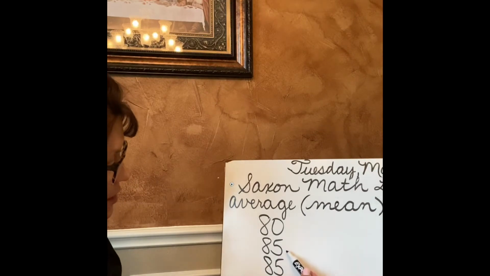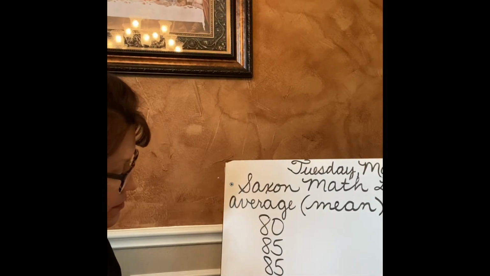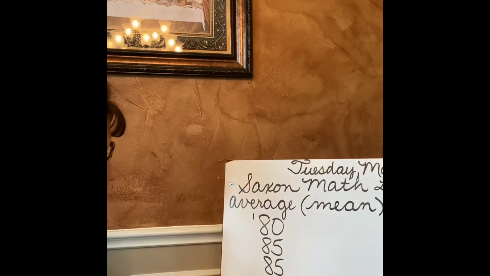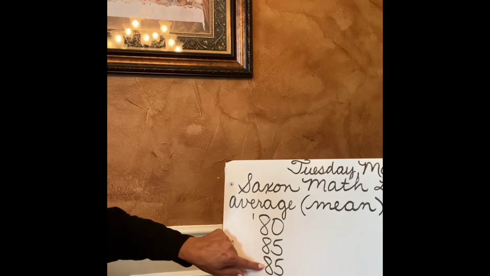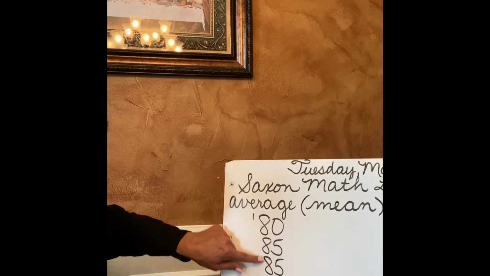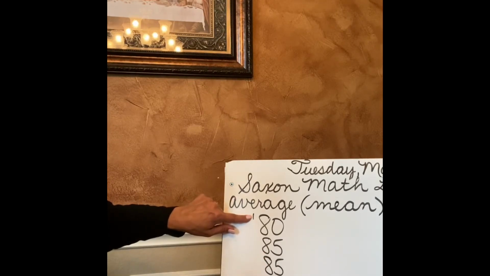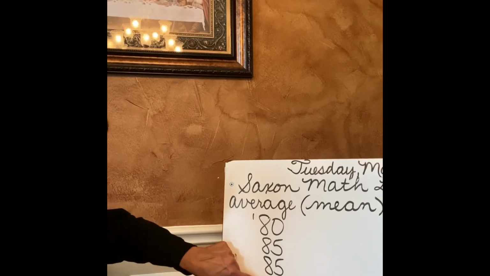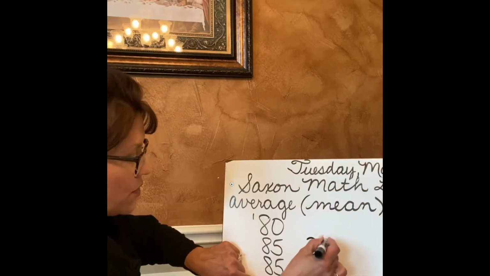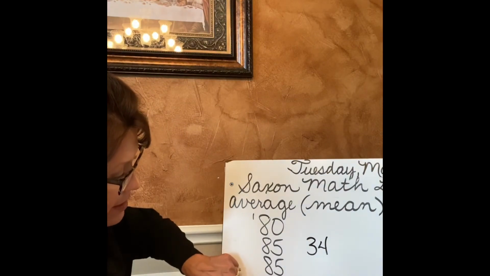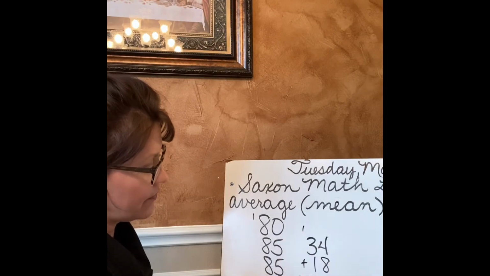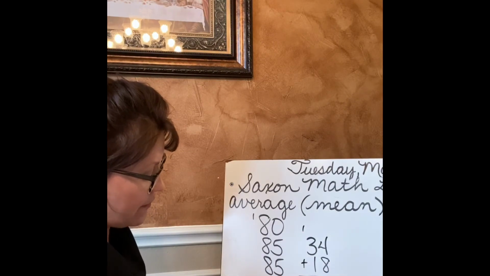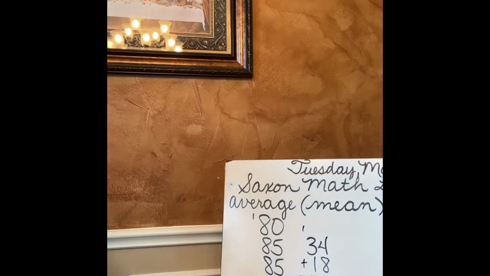So we've got 5, 10, 15, carry the 1. Okay, we have got 4 groups of 8, so 8 times 4 is 32, plus 1 is 33, plus 1 is 34, and then 34 plus 9 and 9 is 18. 525, okay?